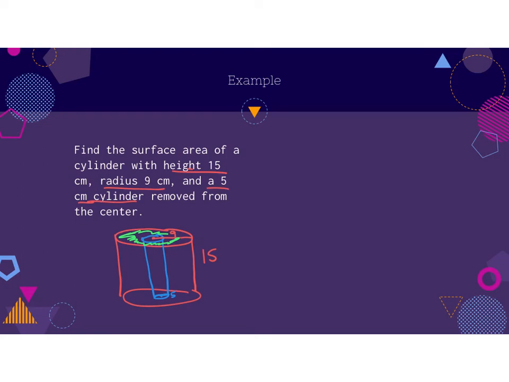So what we're going to do is find 2 times our annulus, which is pi big radius squared minus pi little radius squared. Then I need to find the surface area of what I would consider the label here. We need to find that surface area, which we know is 2 pi big radius times the height.